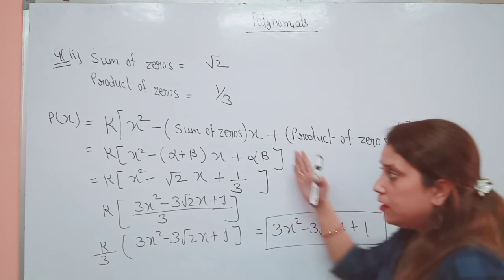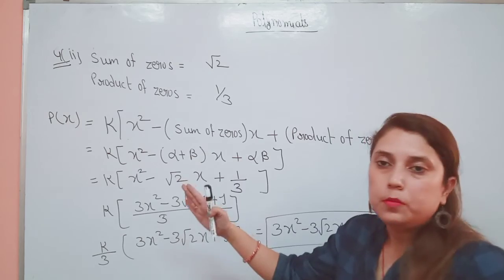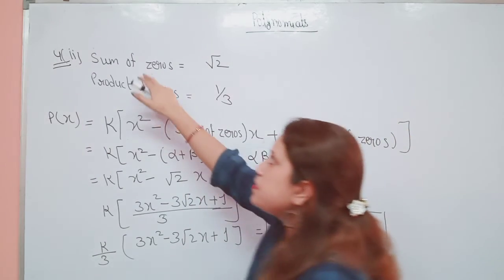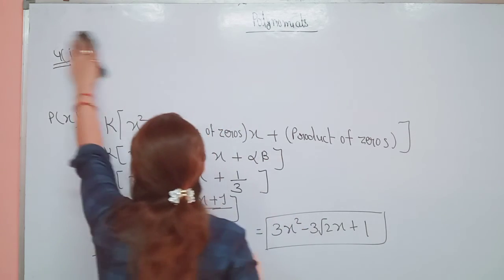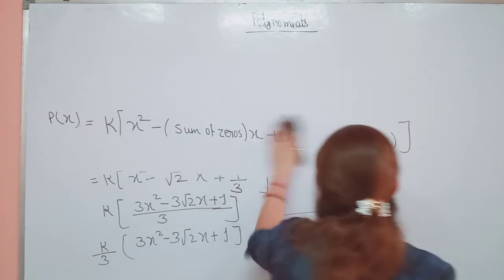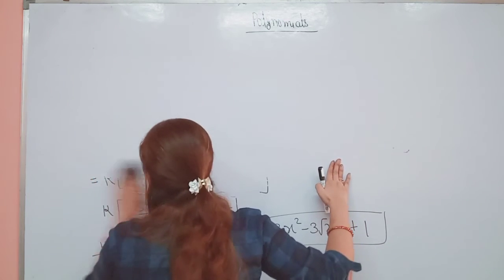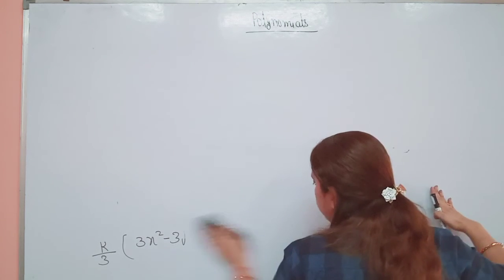Find the cubic polynomial, where the sum of zeros is given, sum of product of zeros is given, and product of zeros is given. Okay, for a cubic polynomial, how to find it? What is given in the question?